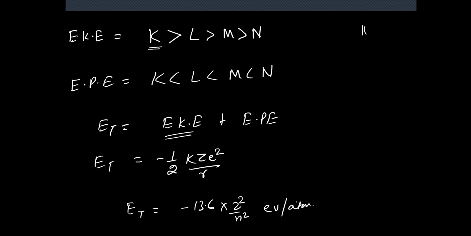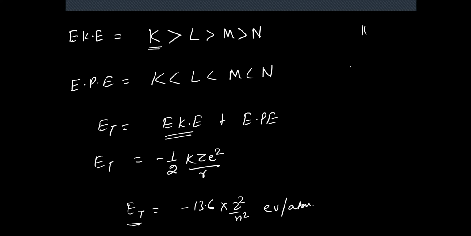Keep in mind that the total energy has the same value numerically as the kinetic energy, but kinetic energy has a positive sign and the total energy has a negative sign. Why? Let me explain.